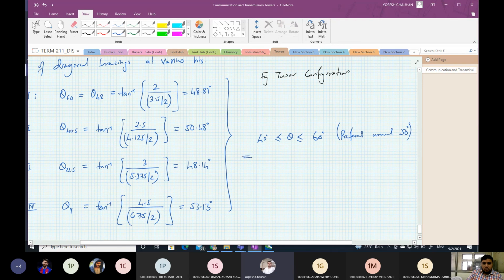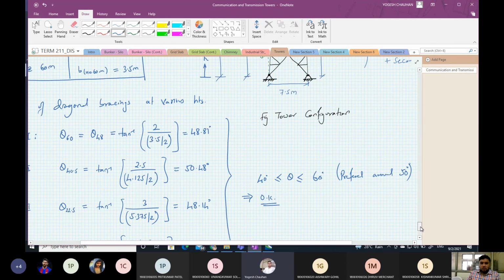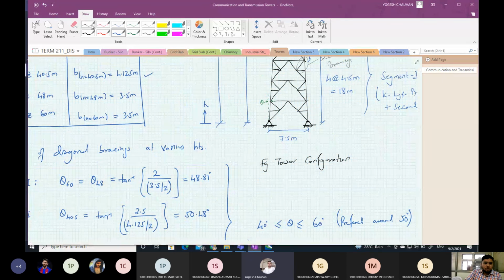So these are okay. So the tower configuration is okay.